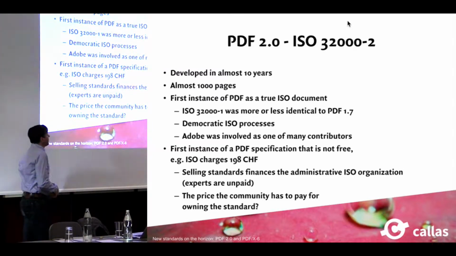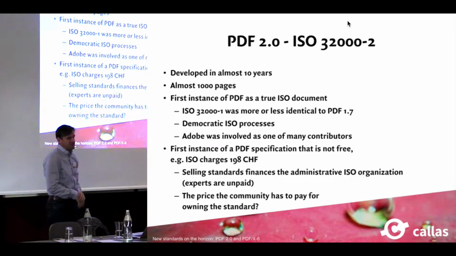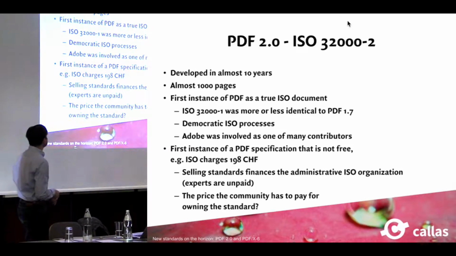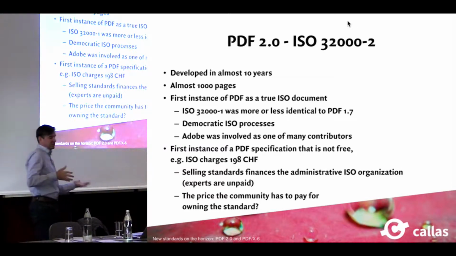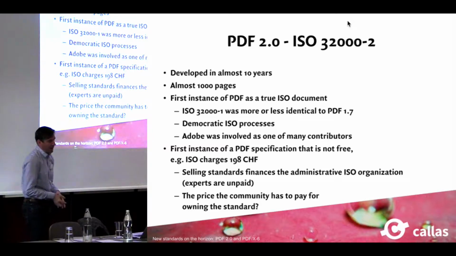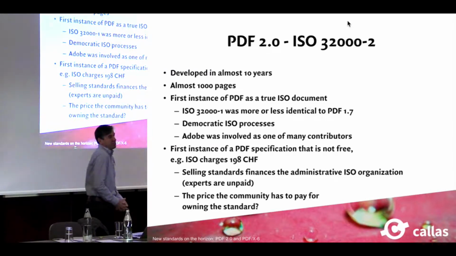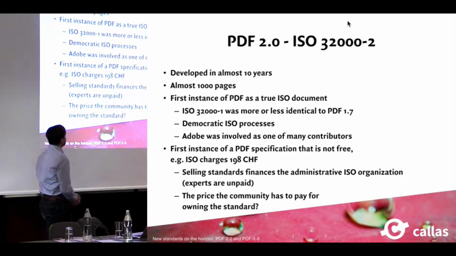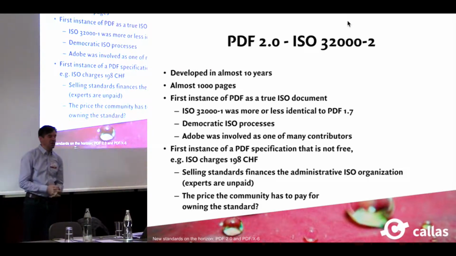Maybe the downside of that is it's not free anymore. So the standard PDF specification was always free when it was being published by Adobe, and so was ISO 32000-1, because it still merely was an intermediate document. But now, since it's a real ISO standard, it costs money as every other ISO standard, and that basically is the rule of how ISO is organized. So they use the money that they get for selling standards in order to pay for the administrative organization of ISO.